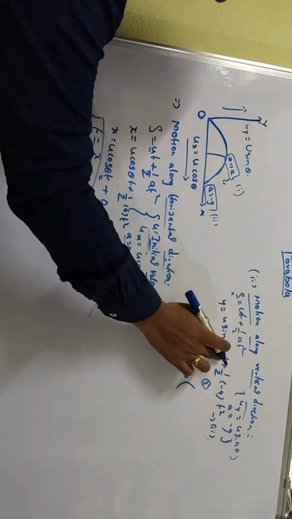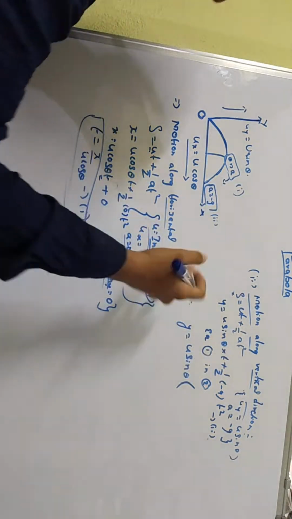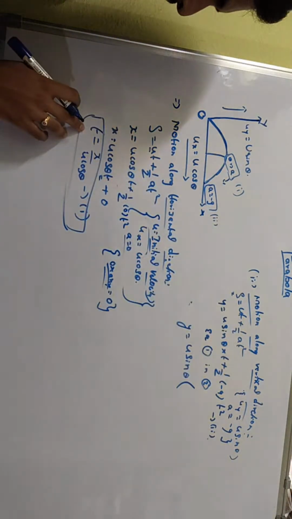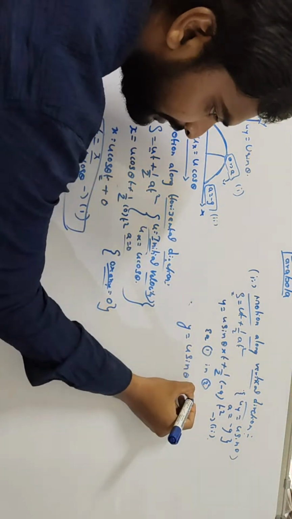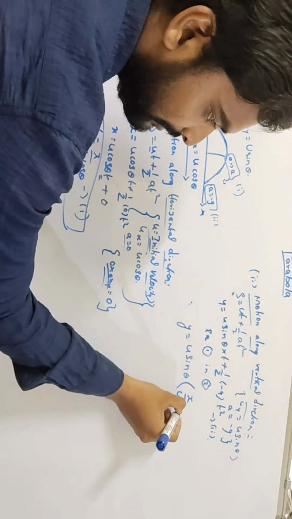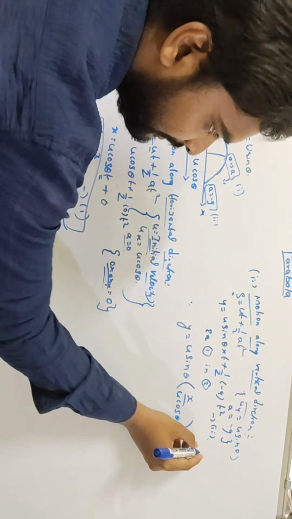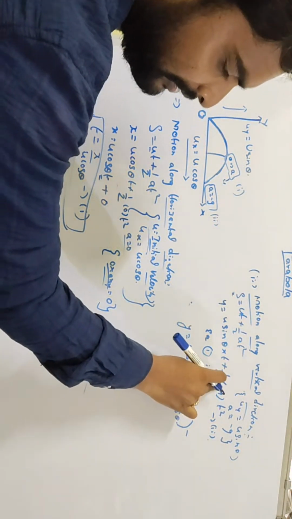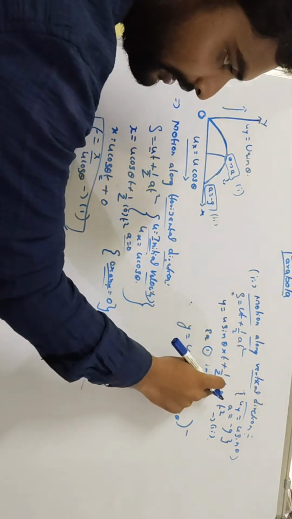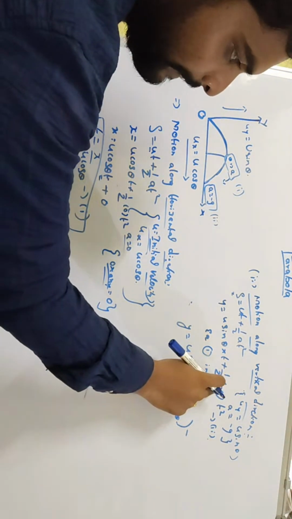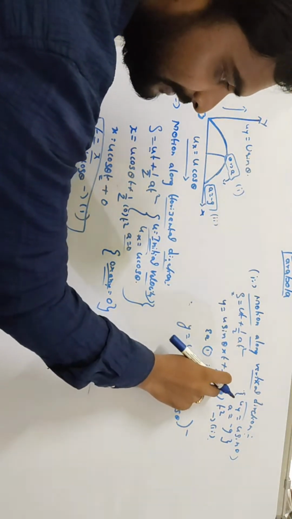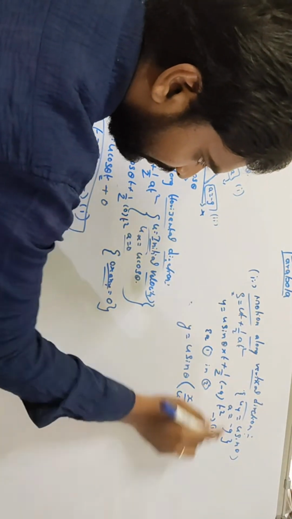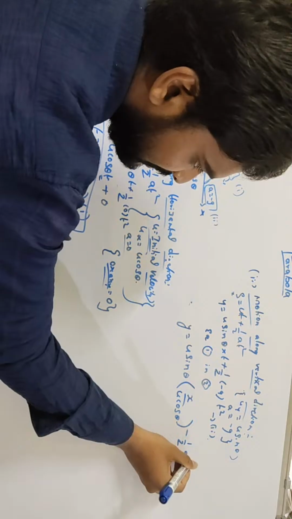In the place of t we are going to substitute x by u cos theta from equation number 1, x by u cos theta, and plus, in this expression we have minus g into the product, that means minus g in the product. So this total expression becomes a negative value. That's why 1 by 2, half a t square becomes half g t square.